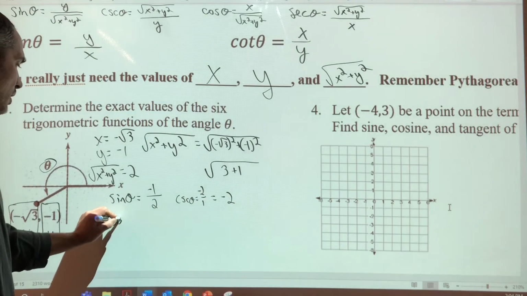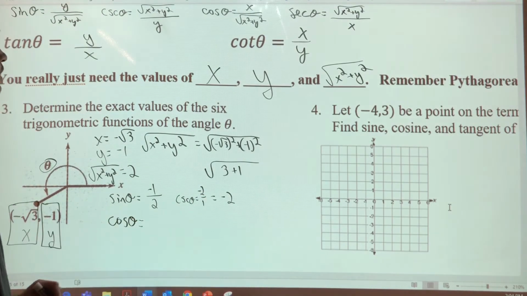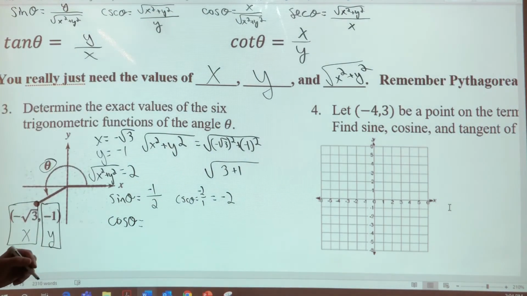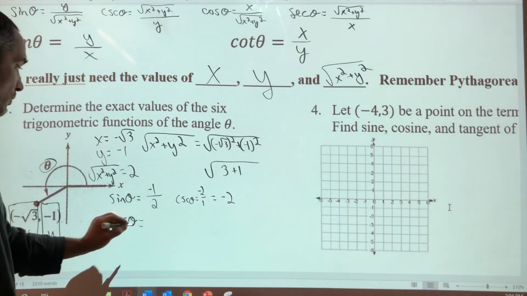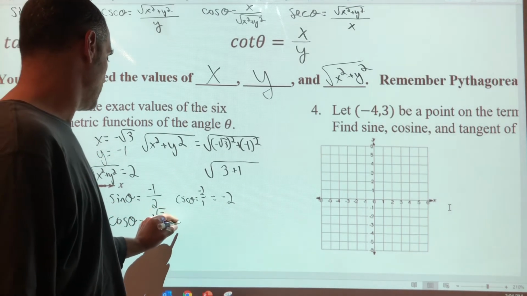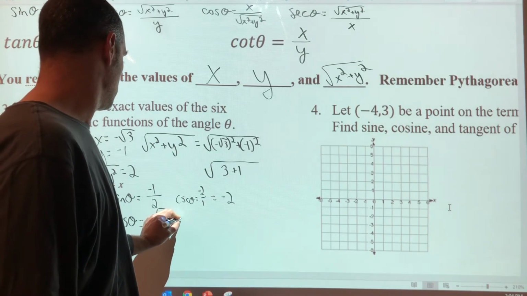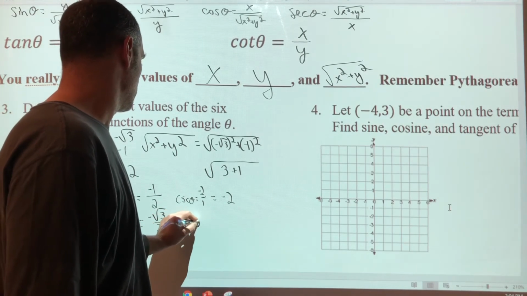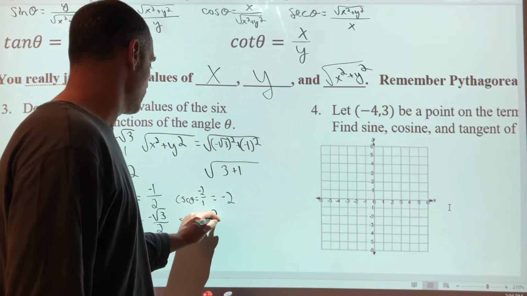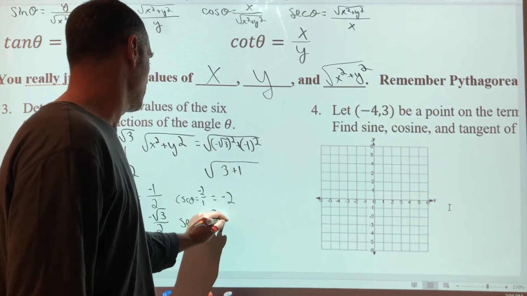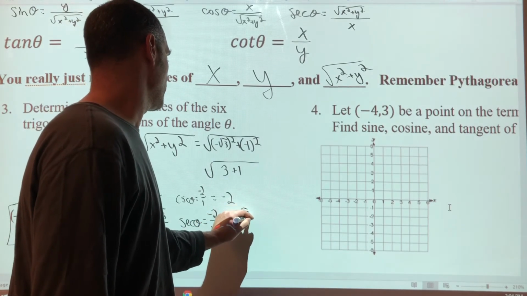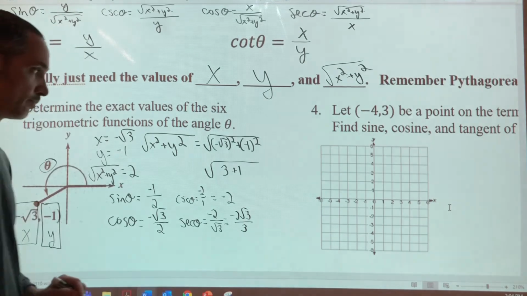And the cosine of theta is x over the square root of x squared plus y squared. We know that to be -√3 over 2. And the secant of theta is the reciprocal, so it's -2 over the square root of 3, which we will rationalize to -2√3 over 3.